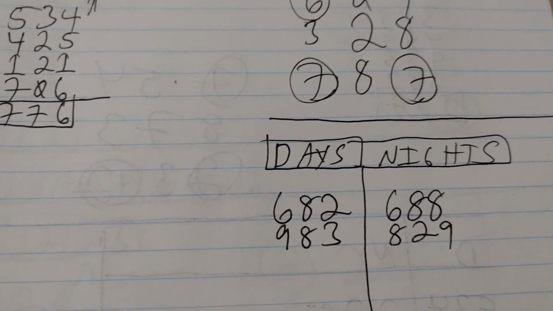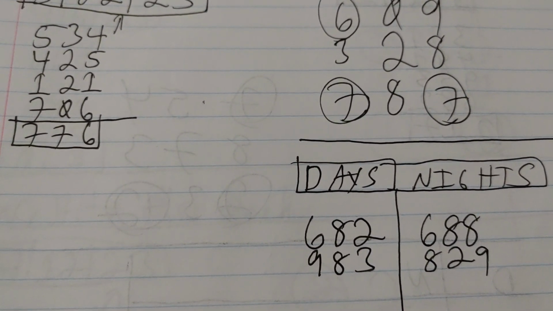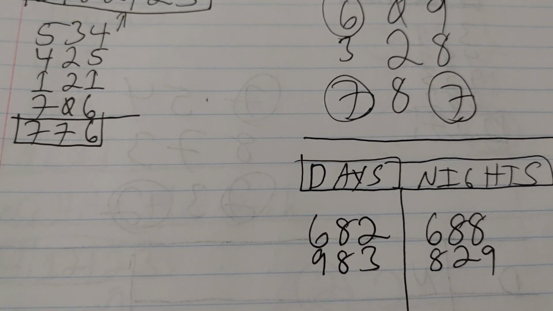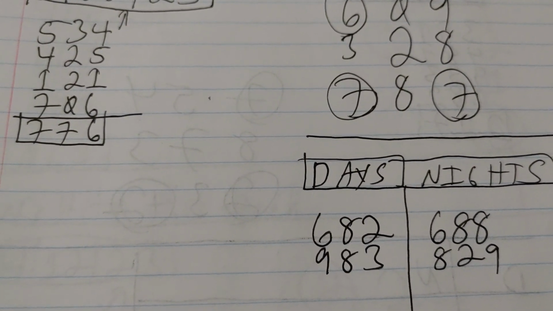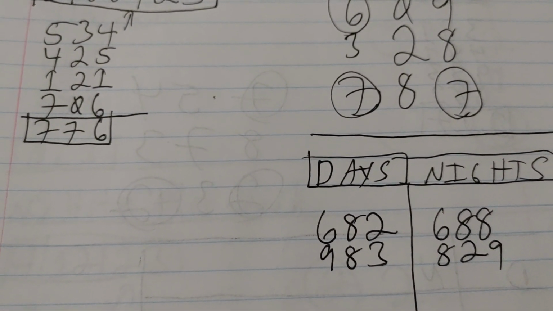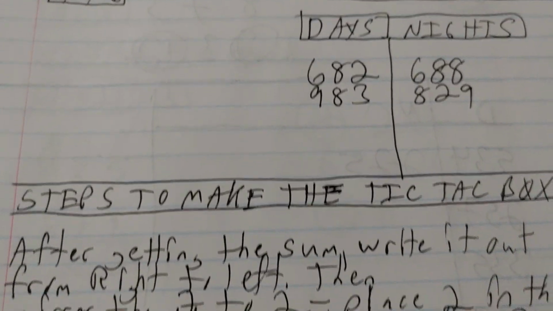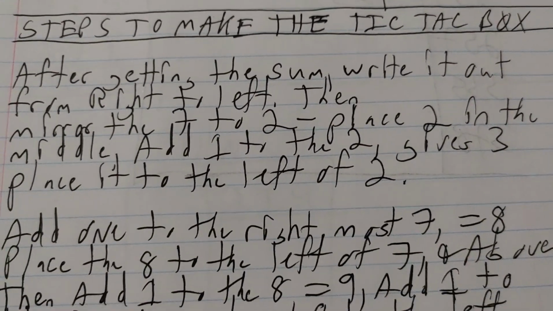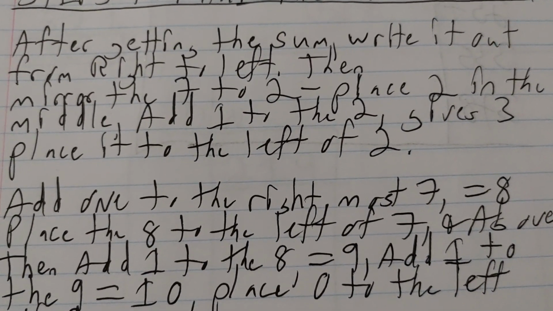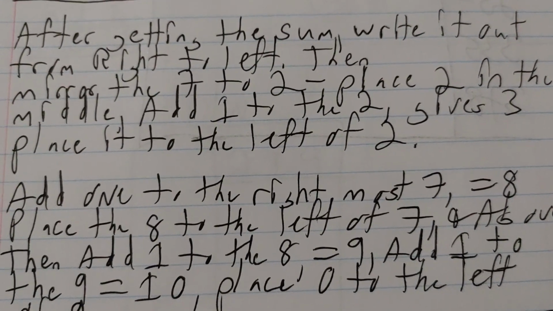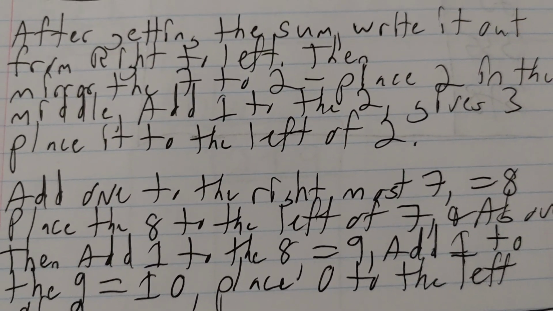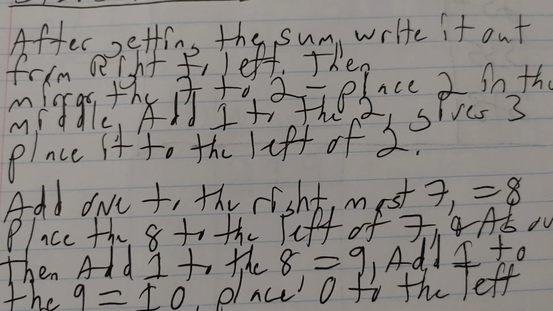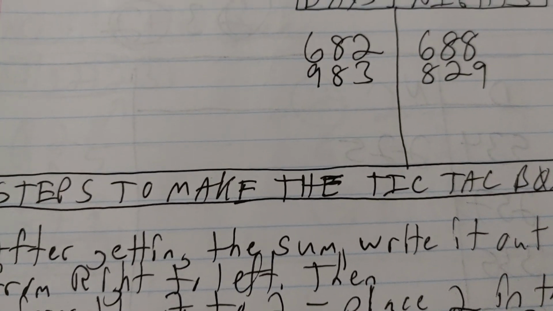Alright, so 7 plus 1 is 8, and then you have those 8s above the 7 and to the left of the 7. And then to the 8 above the 7, I'm going to add 1 to the 8.